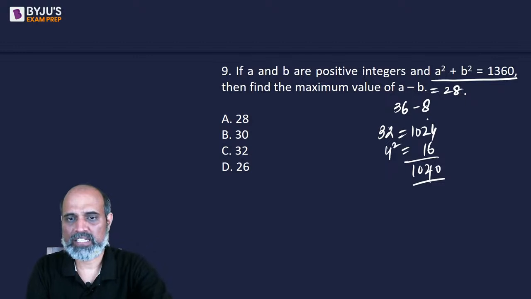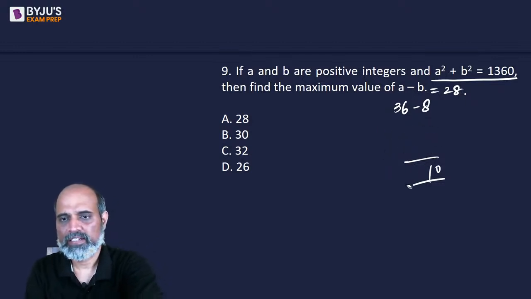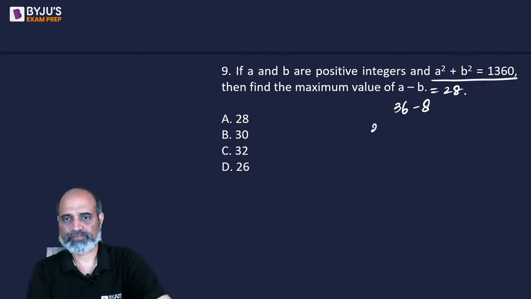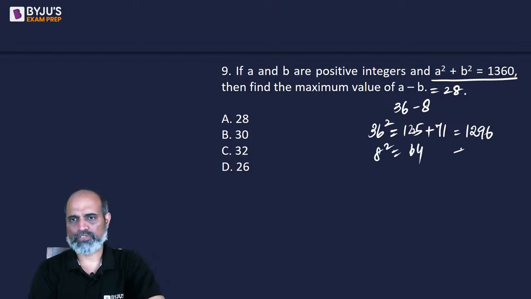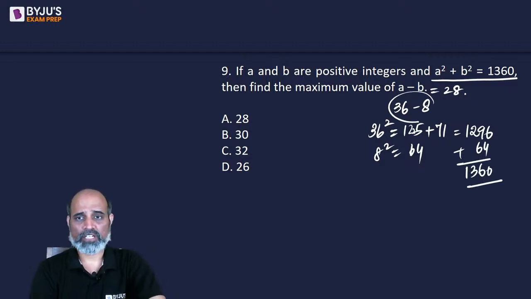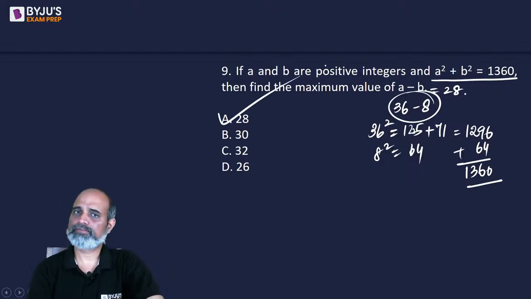So 36 minus 8 is 28. 36 square is going to be 35 square, which is 1225, plus 35 plus 36, which is 71, which is 1296, and 8 square is 64. So if I add 64 to this, I will have 1360. Okay, so 36 and 8 makes sense. It came to 28.